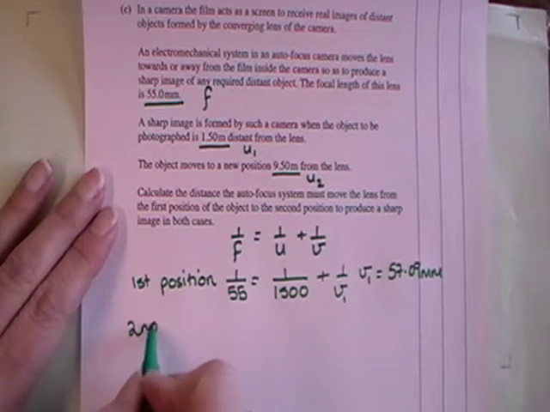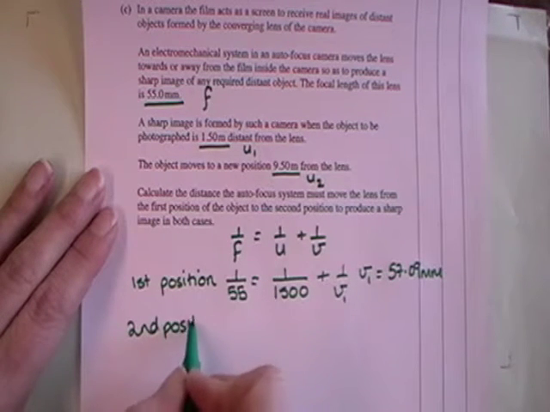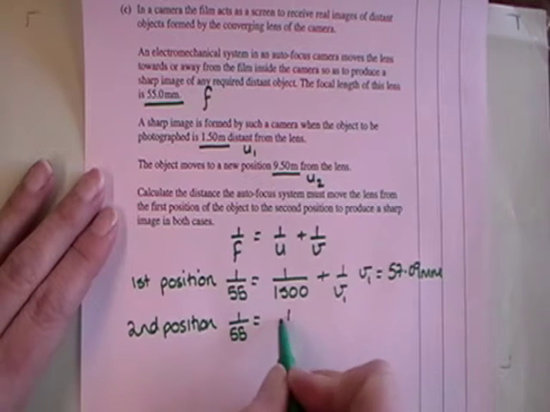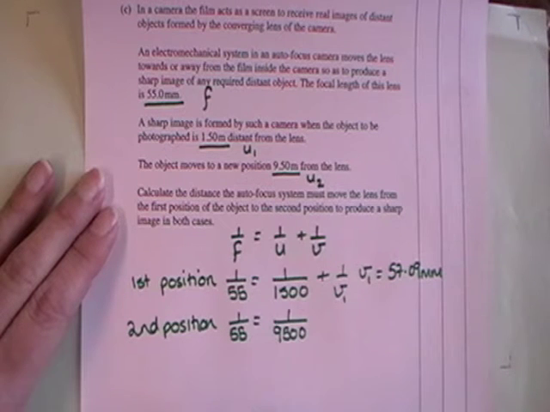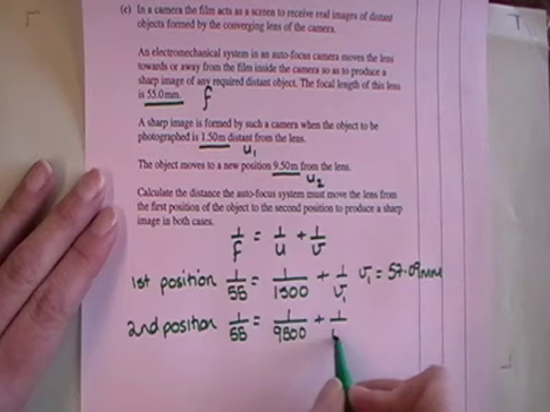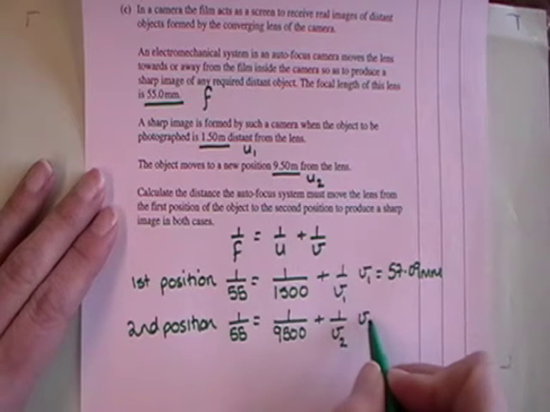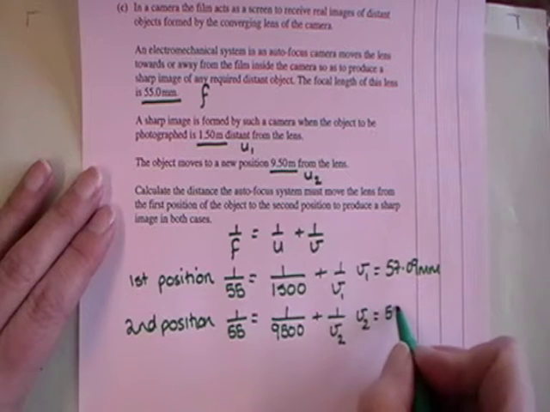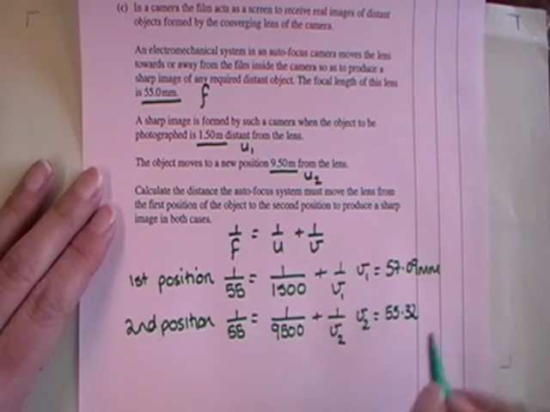In the second position then, the focal length is still 55. The object distance this time is 9.5 metres, which is 9,500 millimetres, plus 1 over V2. When we rearrange and calculate that, we find that V2 is 55.32 millimetres.